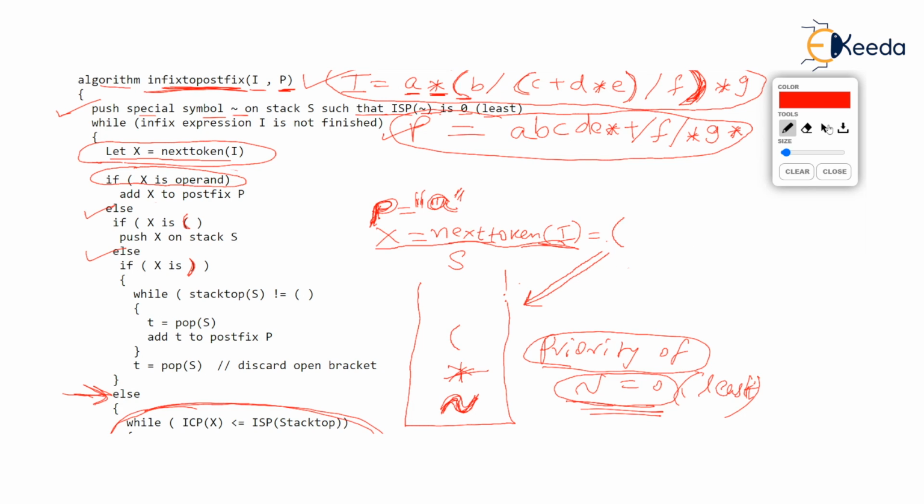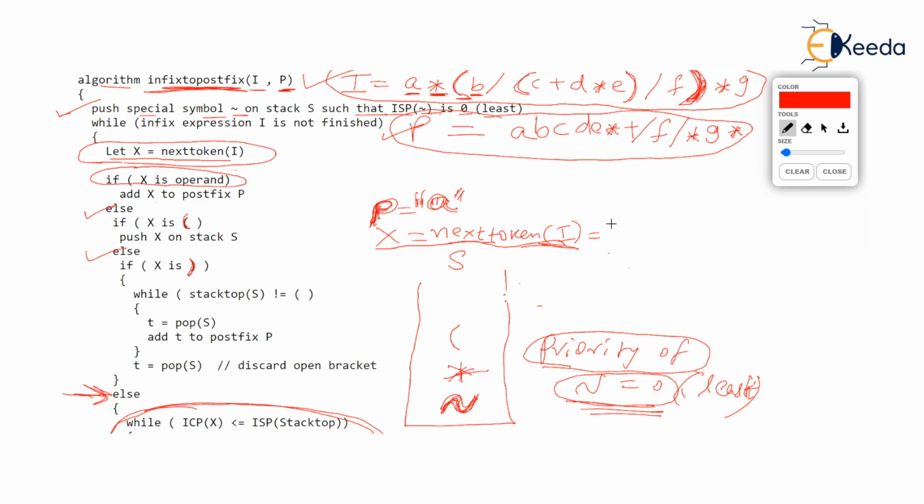Okay. Now let's see the next token. Next token is B now. Check the cursor place. After the open bracket, next token of I is B. So if B is the next token, which case is it? Now X is an operand, isn't it?